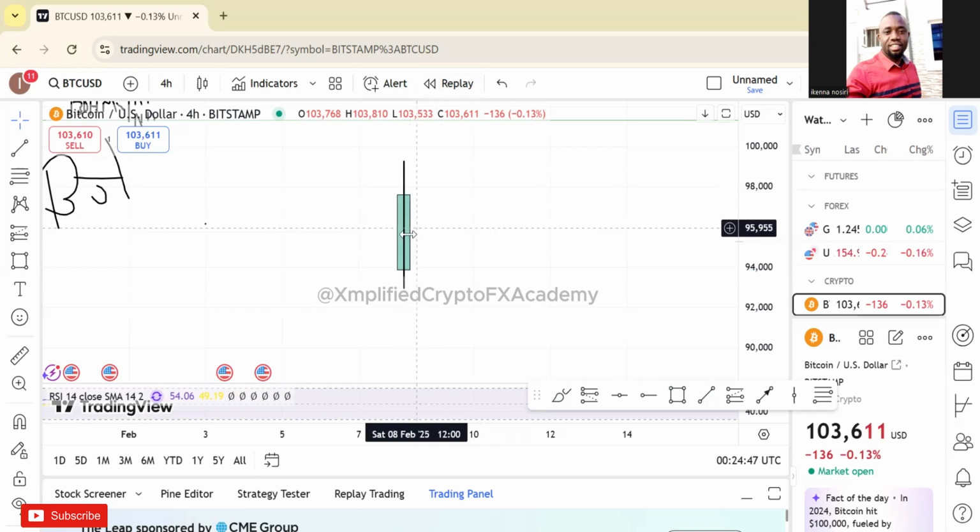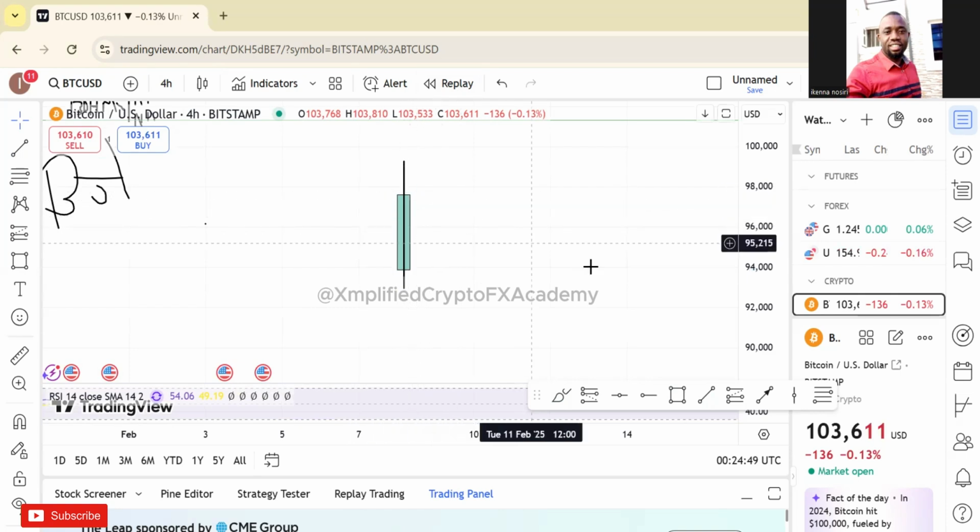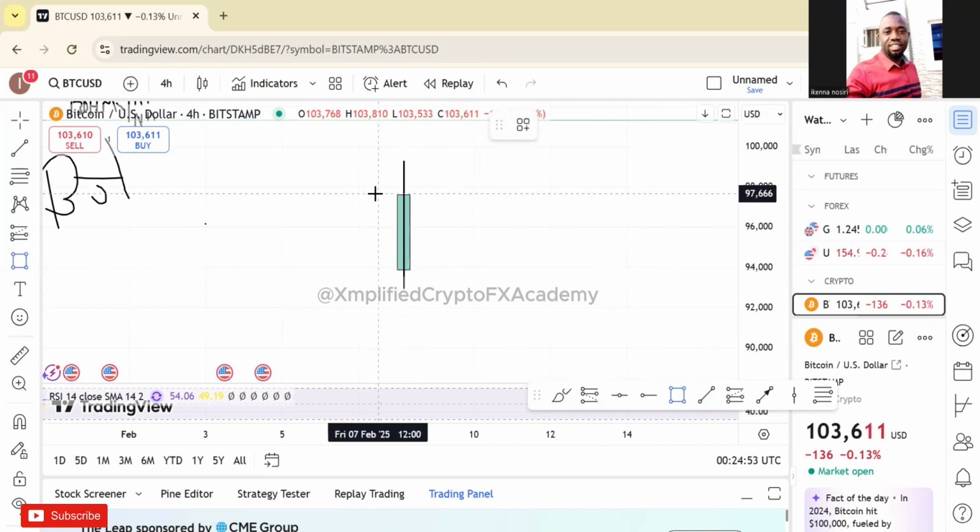Let me make this a green candle. Another candle comes up here beside it, with the same opening price.